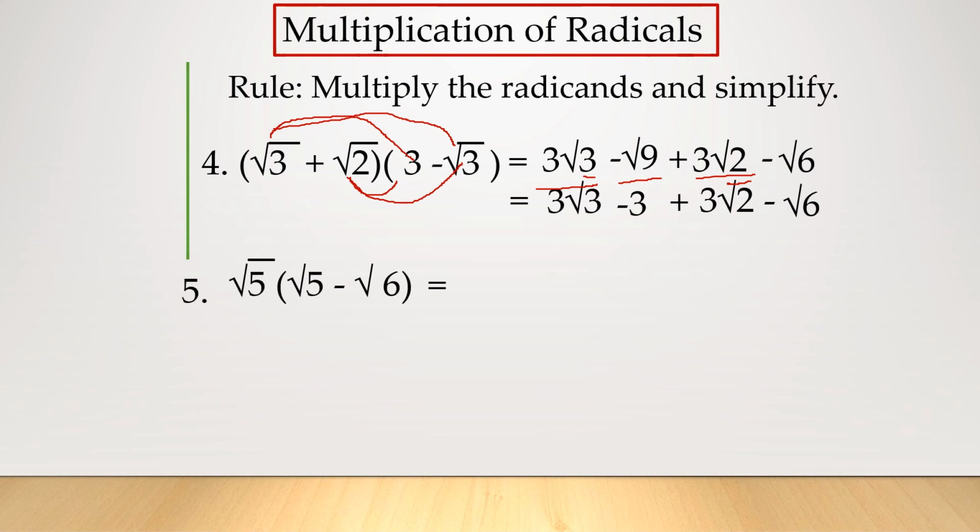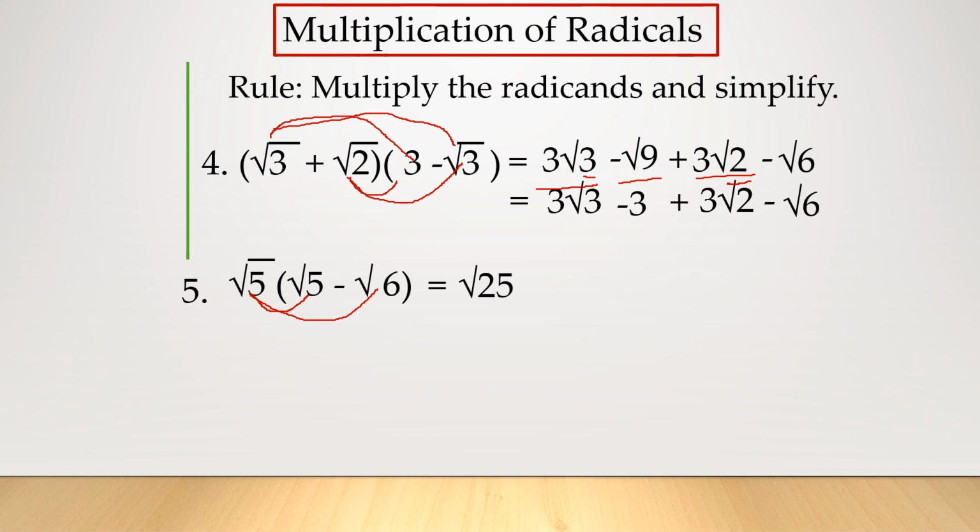Now, in number 5 here, if you want to try this, you can pause the video and unpause if you are ready. Okay, so we have square root of 5, just use distributive property. Times square root of 5, that is square root of 25. And then square root of 5 times square root of 6. So this is minus here.